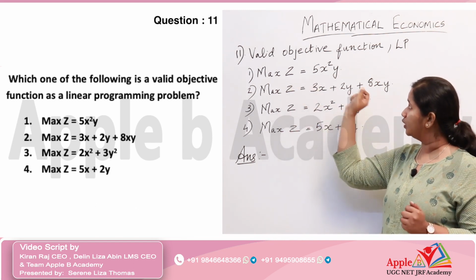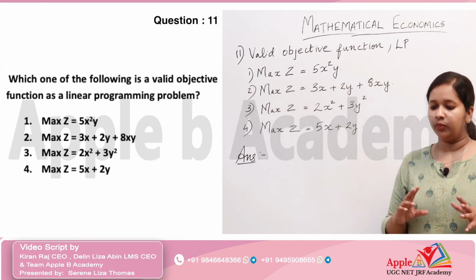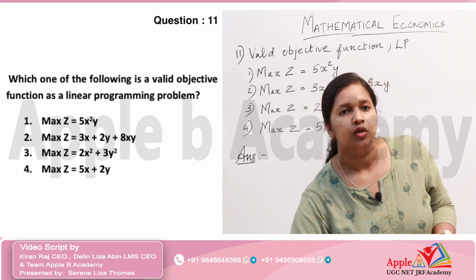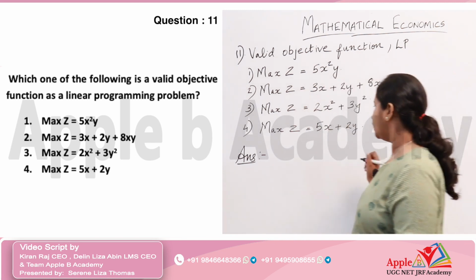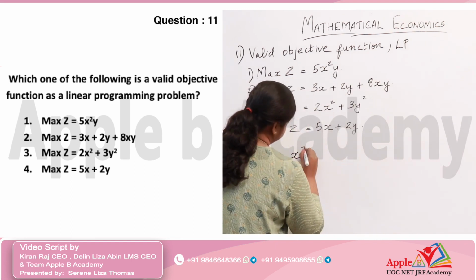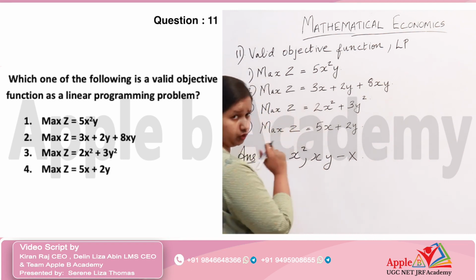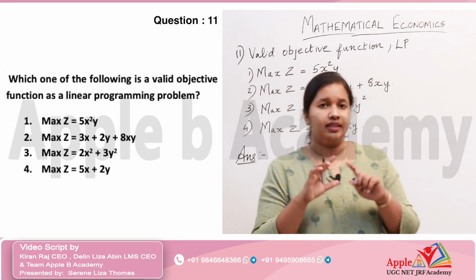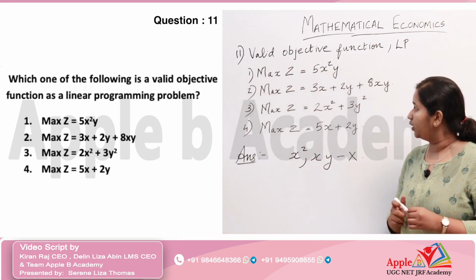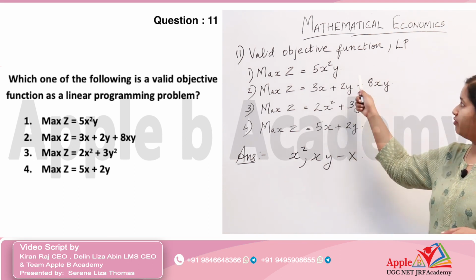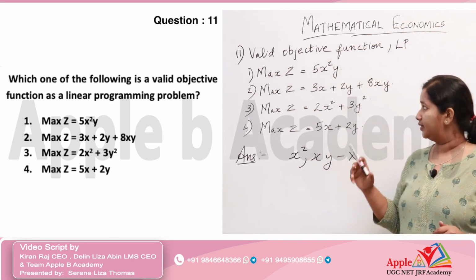Maximize Z equals 5x²y. In linear programming, we do not use terms like x² or xy to denote the objective function, so this is not the answer.